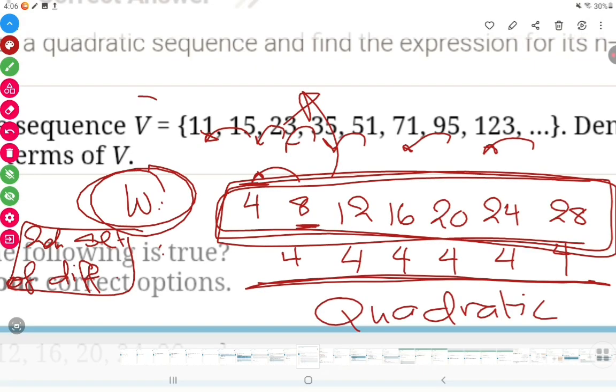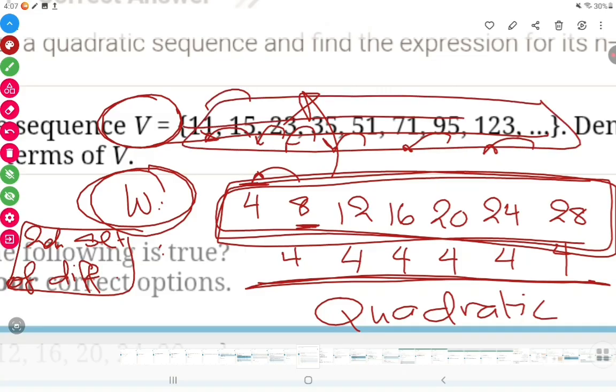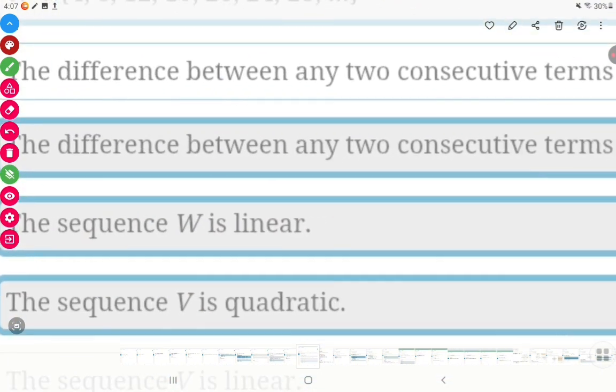V is this one. It's saying that the difference between consecutive terms, consecutive meaning after each other, is constant. That's not true, because when we did it for V, the set of differences for V was not constant. So that one is not true.